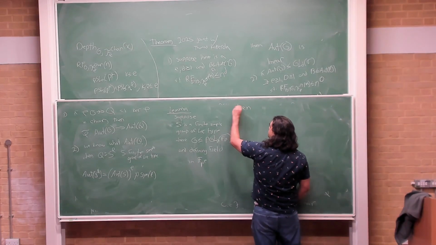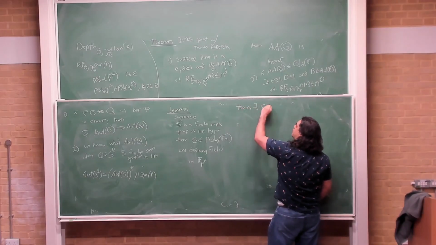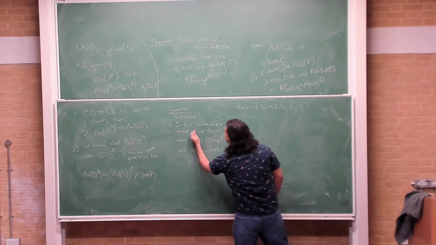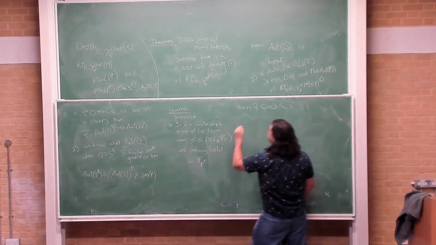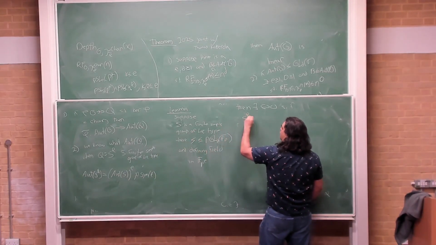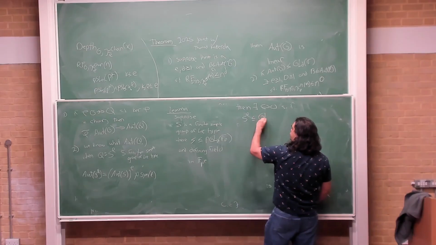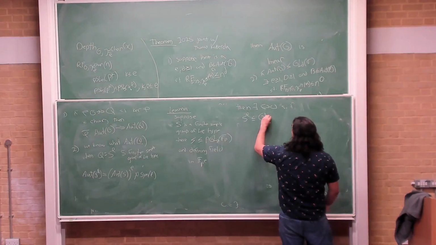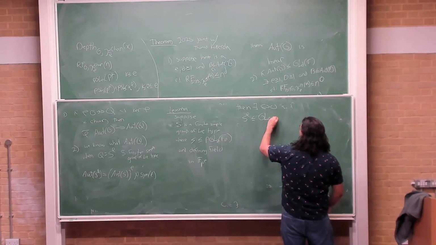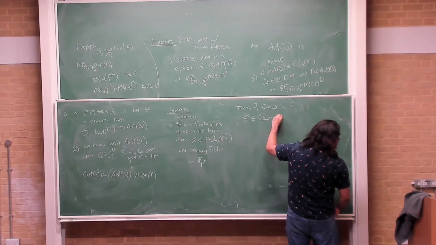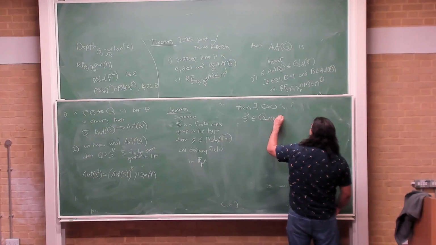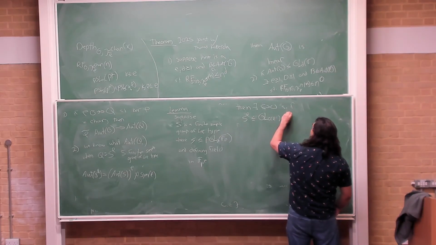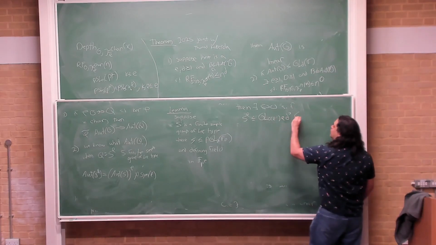Then there is a constant C such that Aut(S^L) admits a faithful representation over F_p of dimension C times L factorial times L times D squared.